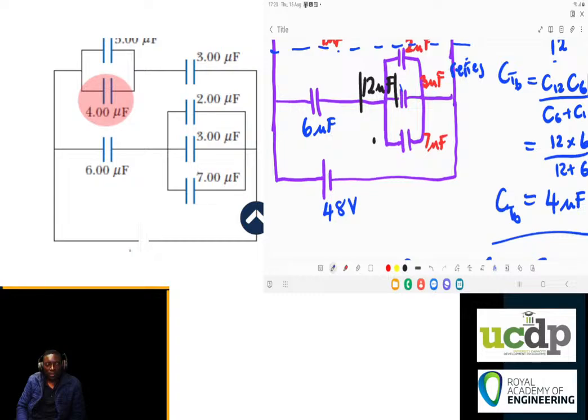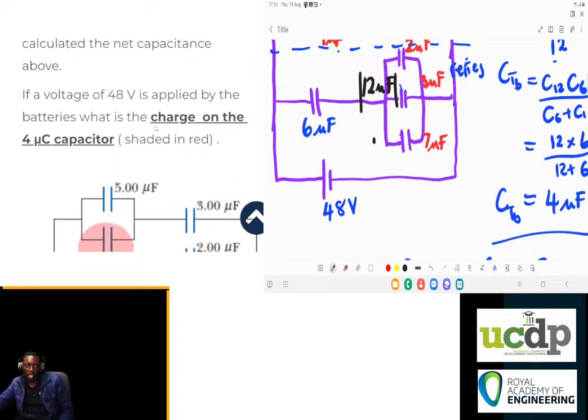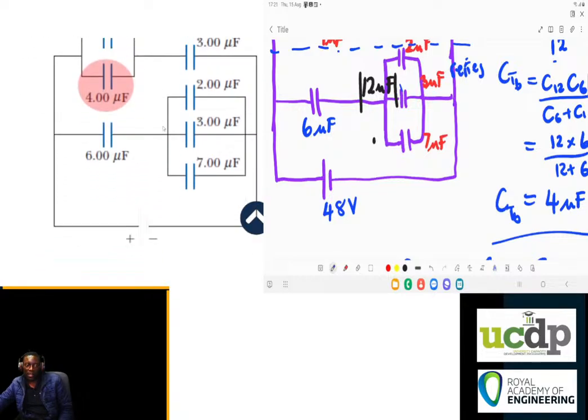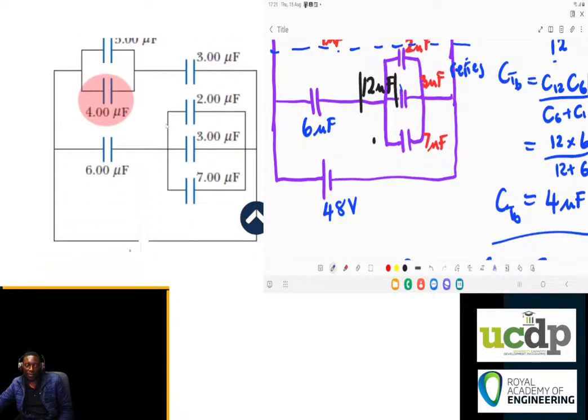Can I ask, what are we calculating again? We're calculating the charge on that capacitor. Ultimately, we have to deal with the voltages so that we do capacitance charge in terms of capacitance and voltage.